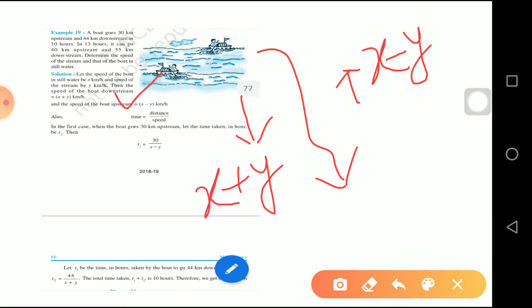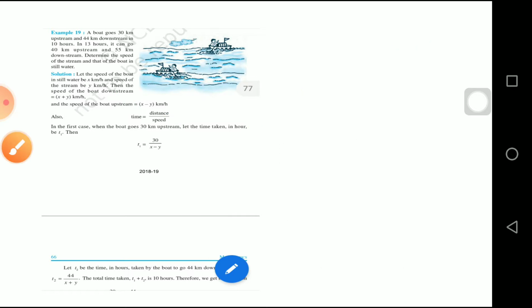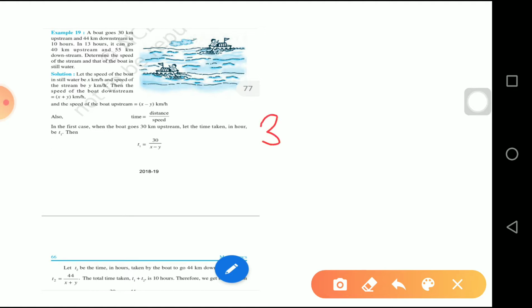Now, for the time equal to distance by speed. So, for the first case, the total time is 10 hours. 30 km going upstream and 44 km downstream. So 30 km upstream.